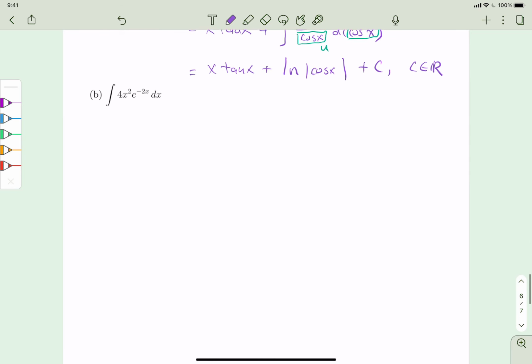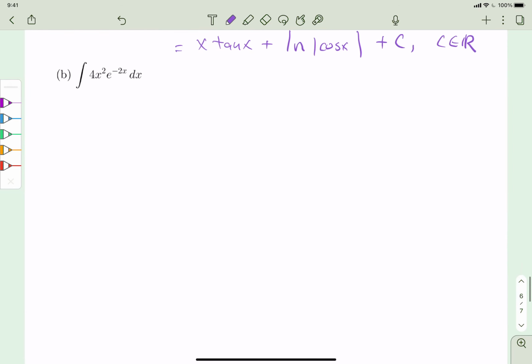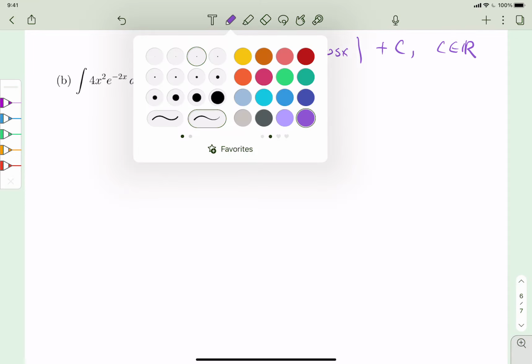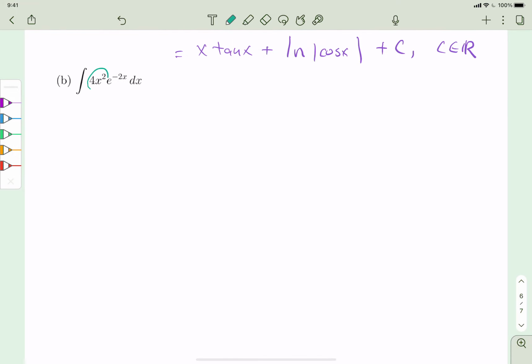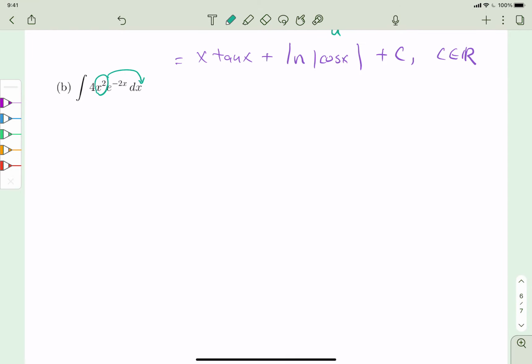Now move on to question B here. x squared e to the 2x, right? You can choose to let this x squared go into the differential sign, or you can choose to let the other one go into the differential sign. Which one is correct? You should try it out, right?